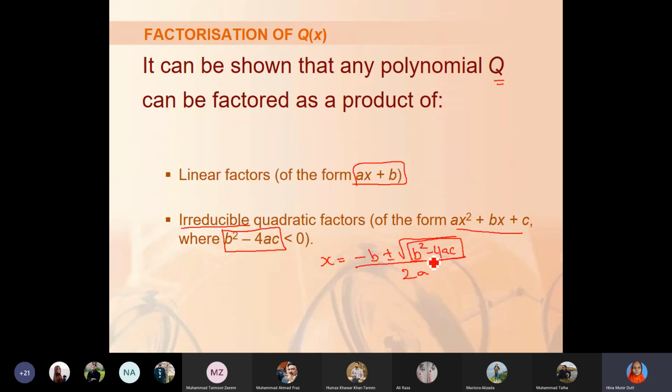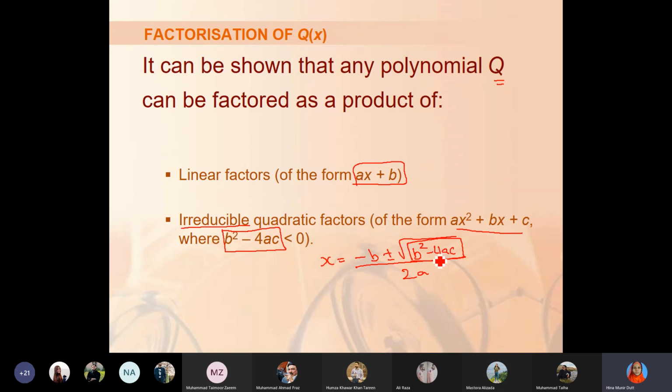If I have a polynomial of degree 2 and I have to determine its roots, there are two roots. If b square minus 4ac is equal to 0, I will get a single root that is repeated. If b square minus 4ac is greater than 0, I will get two distinct roots. And if b square minus 4ac is less than 0, there are no real roots, that is, it cannot be factorized further. It is irreducible.